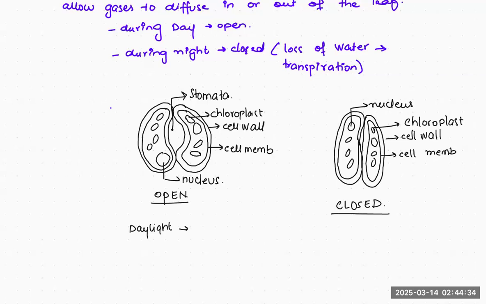We don't know. The exact mechanism of how this is happening is still not understood. The scientists are not 100% sure why it actually happens. But what basically happens is that, for some reason, when there is daylight, the amount of potassium inside the guard cell increases.